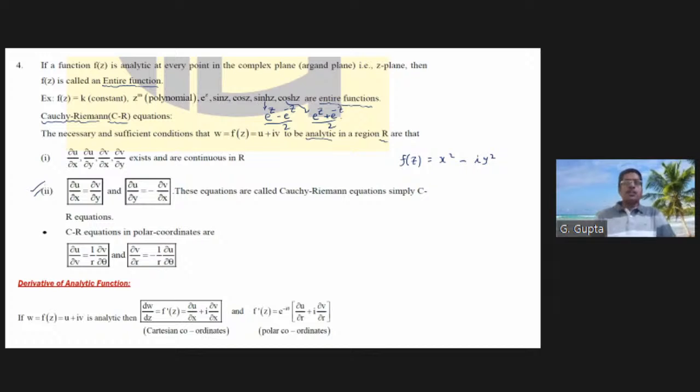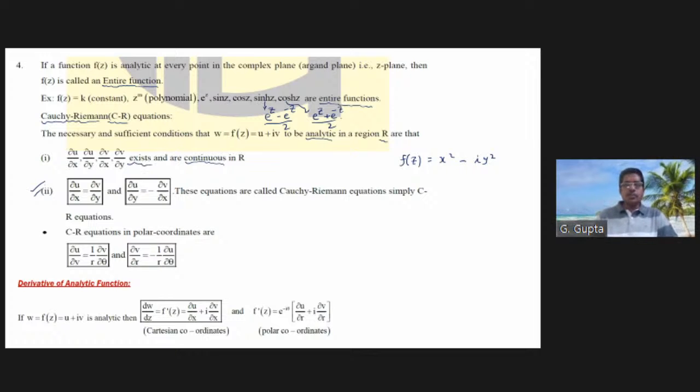First, the four partial derivatives, dou u by dou x, dou u by dou y, dou v by dou x, dou v by dou y, all exist, that means give a finite value, and are continuous in the same region. You know the geometrical meaning of continuity of a function.